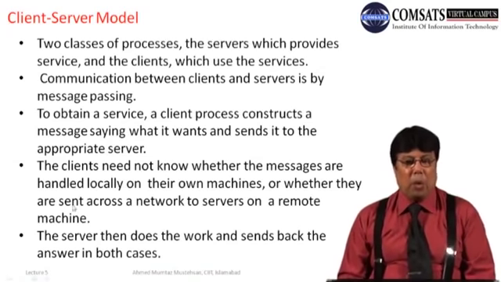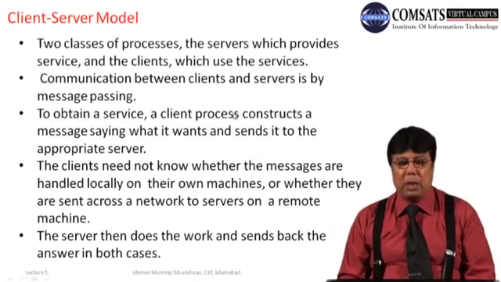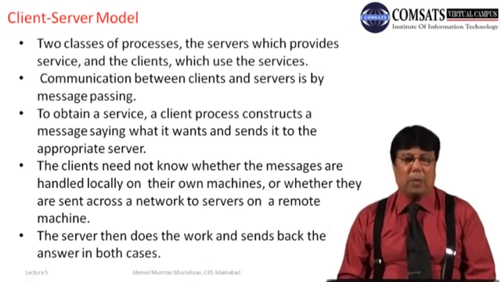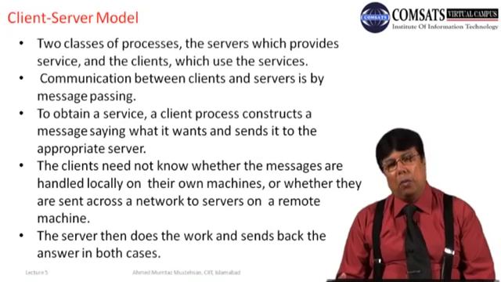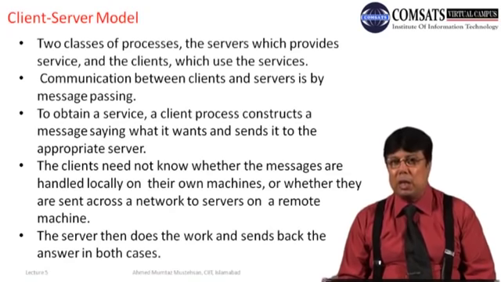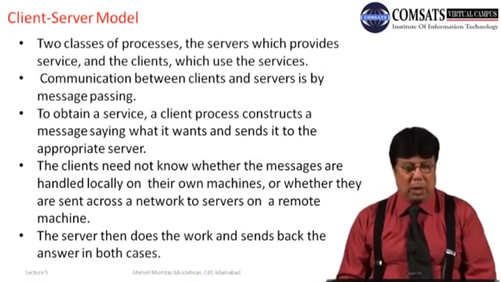To obtain a service, a client process constructs a message saying that it wants and sends it to the appropriate server. Client process decide करता है कि what it wants, इसको क्या चाहिए, वो अपनी डिटेल एम्बेड करके एक मैसेज में उस मैसेज को सेंड कर देती है to the server process.